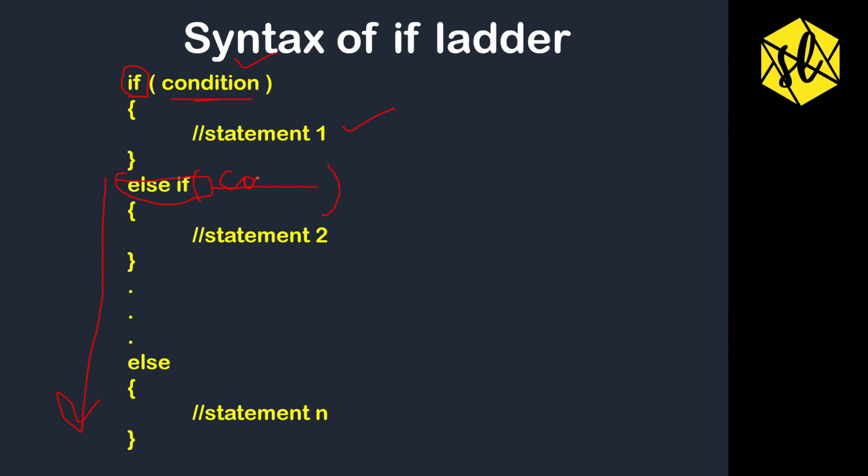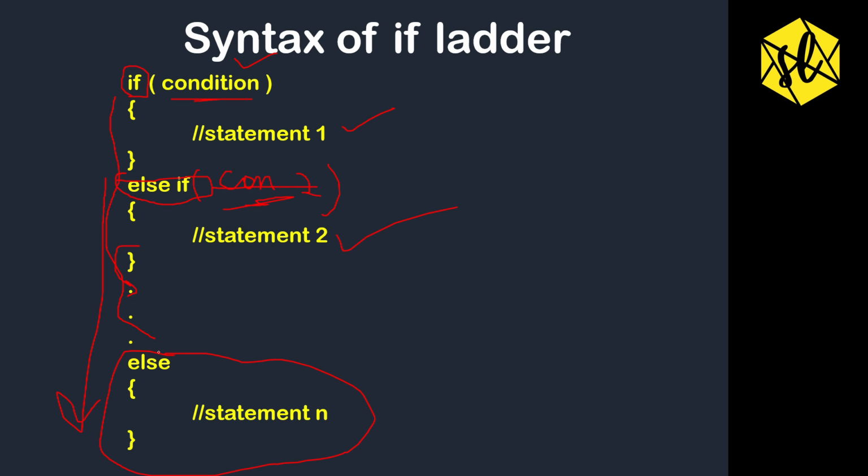Here will be a condition, else if this condition 2 is true, then statement 2 will be executed, else it will just pass to another else if, and the same goes on. If every if and else if condition is wrong, then this else statement will execute.